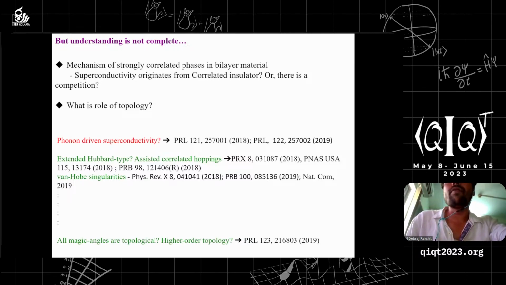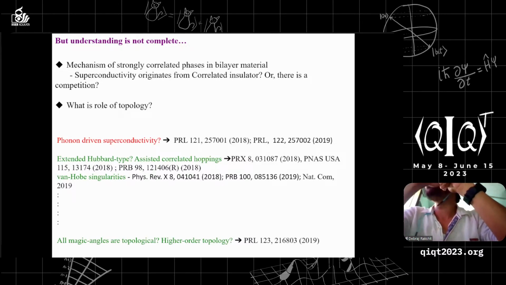One big question is whether superconductivity originates from the correlated insulating phase, or whether there is a competition. Is there a parent-child kind of relation, or are they actually competing with each other? There have also been further theoretical studies which say there is non-trivial topology, so what is the relation of topology there?